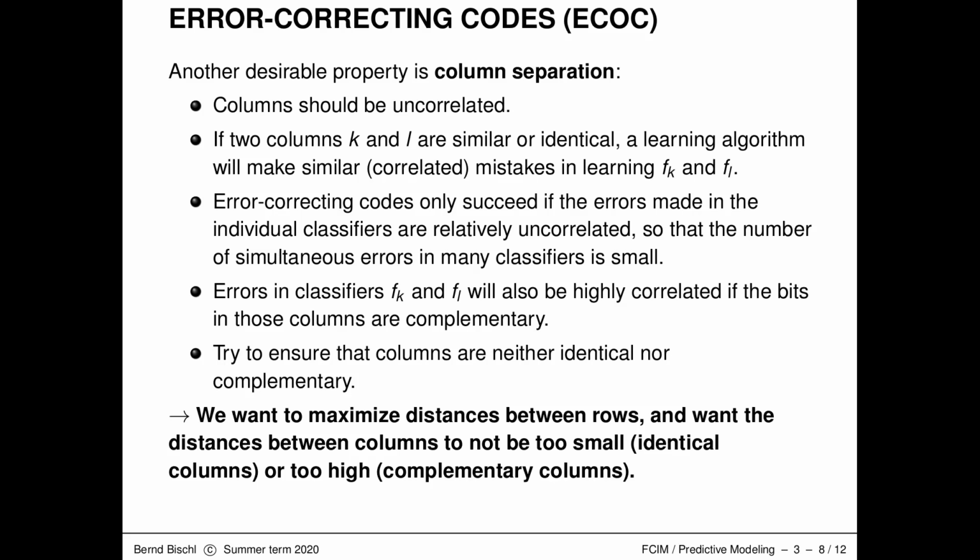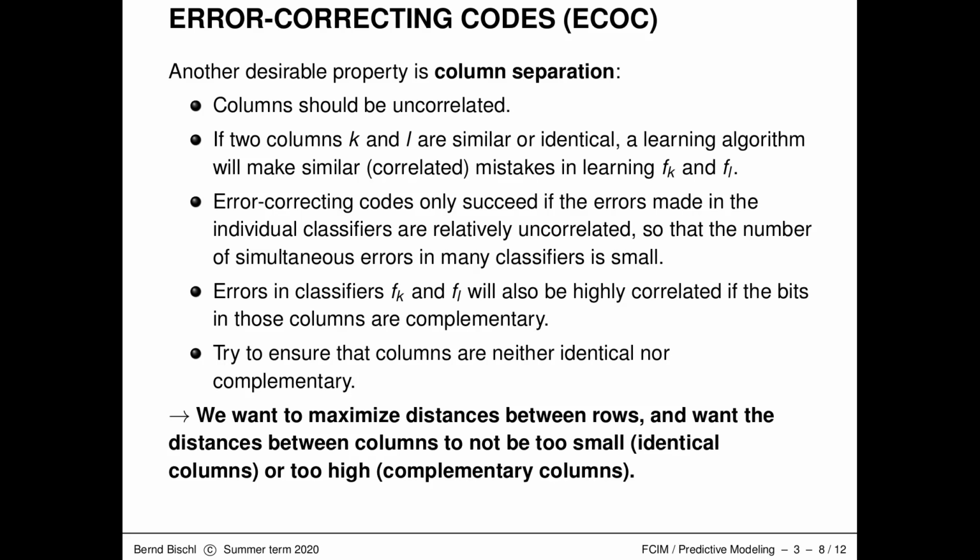Another desirable property, which is maybe a little bit less obvious, is column separation. The reason for this is that my columns should be uncorrelated because these columns encode learning problems that I run my learning algorithm on, and it's usually the same algorithm that I use for all of the columns.